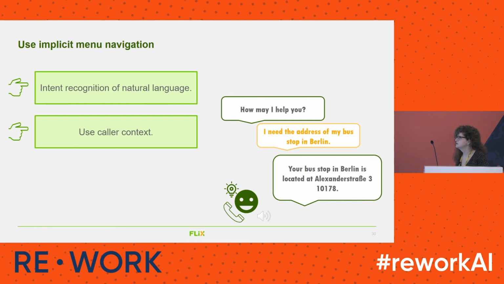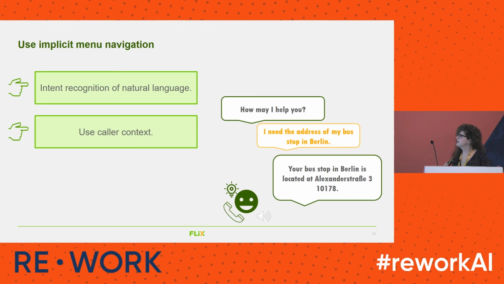NLU-supported automations. So you need intent recognition of natural language, and you need all the caller context, because the final goal is that if you are traveling from Cologne, for example, to Berlin last Friday for the long weekend, and you entered Berlin at 6 p.m., and it's Monday, 1 p.m., and your FlixBus is leaving from there back to Cologne in 2 hours, if you are calling us, through your caller ID or your booking number, we can just hit you with the "how may I help you" question.